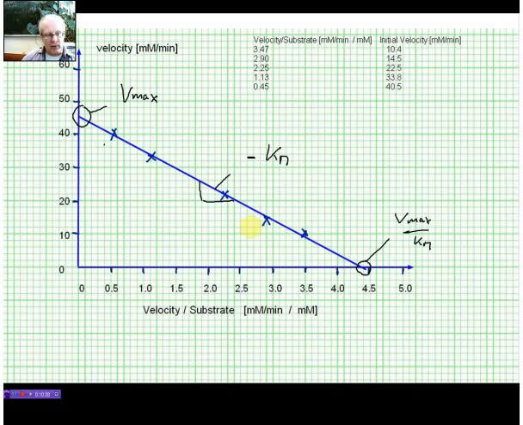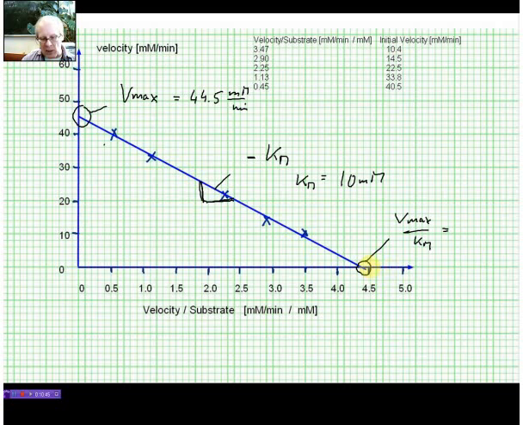So if we read these numbers, Vmax is around 44.5. Very important, the unit millimolar per minute. For the gradient, we can determine this versus this, and we will find that our Km equals 10 millimolar. And for the Vmax over Km, that is 4.45.